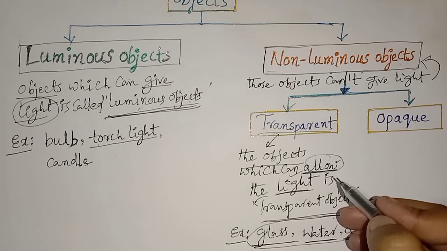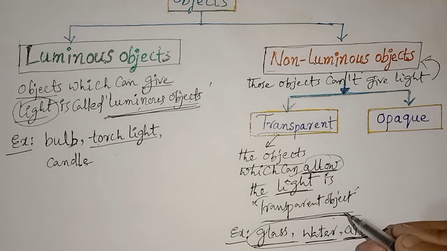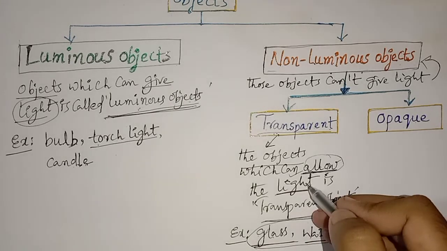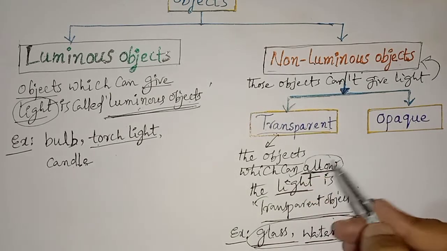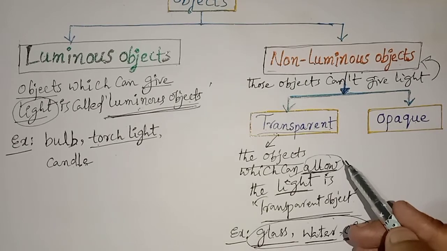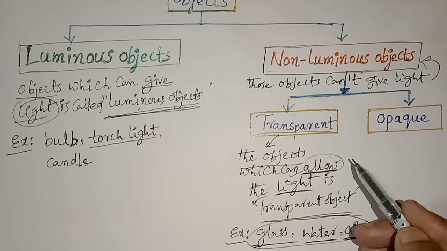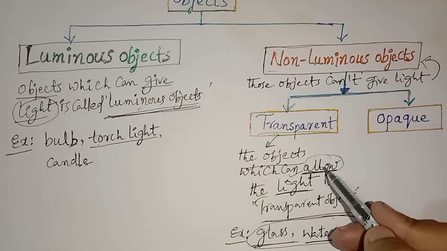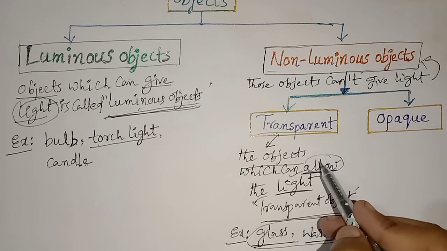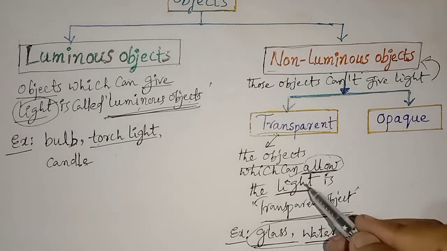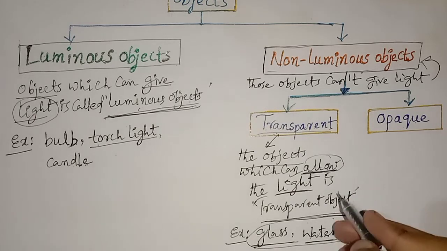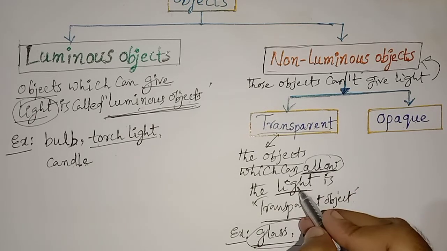The objects which can welcome the light are called transparent. Remember, allow means we can use welcome for our understanding. For better understanding, instead of allow, we can use welcome. So a transparent object can allow the light.